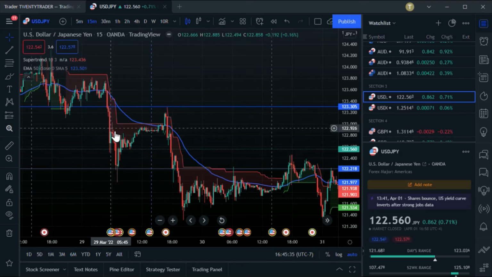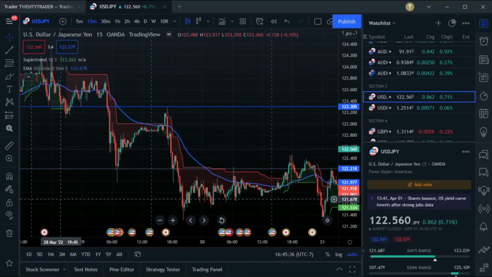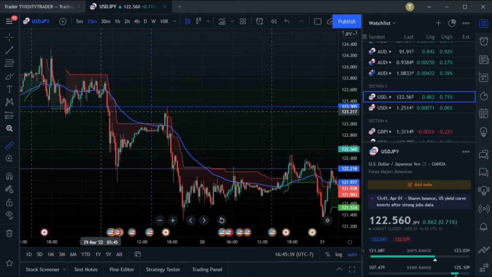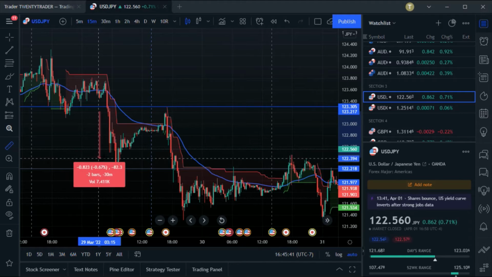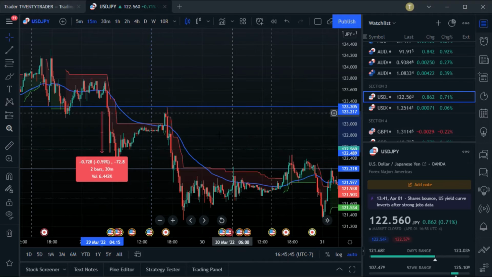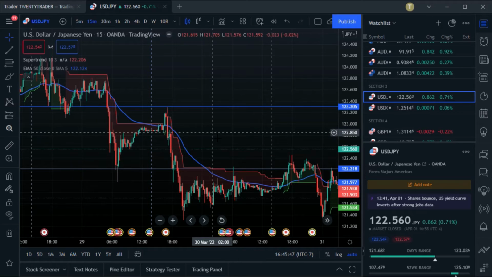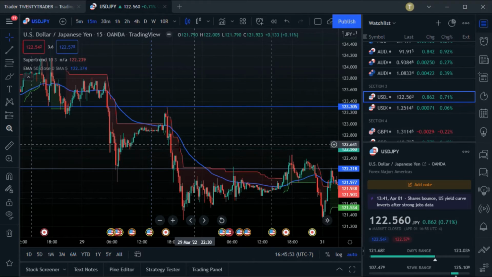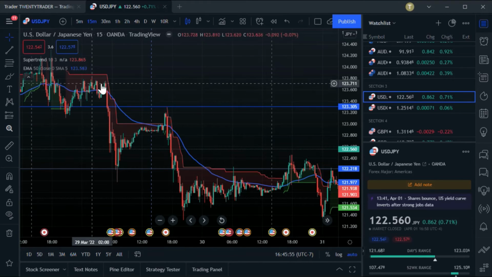But what do you call it? Let's take a look at this candle right here. That one candle's 72 pips. 15 minutes, 72 pips. Adios. Just like that.